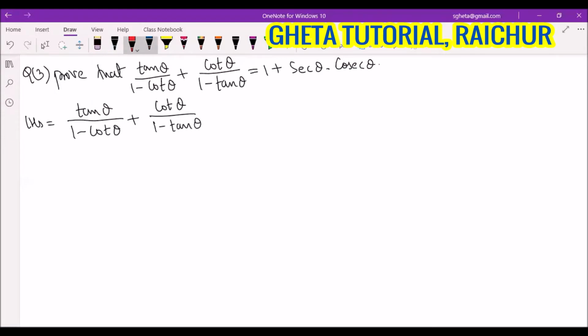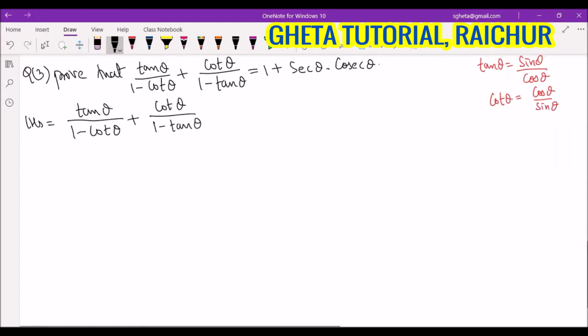As already I have discussed, whenever tan theta comes, you can write tan theta is equal to sin theta by cos theta. And whenever cot theta comes, you write cos theta by sin theta.